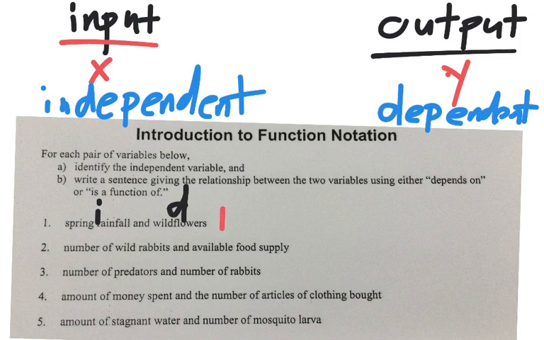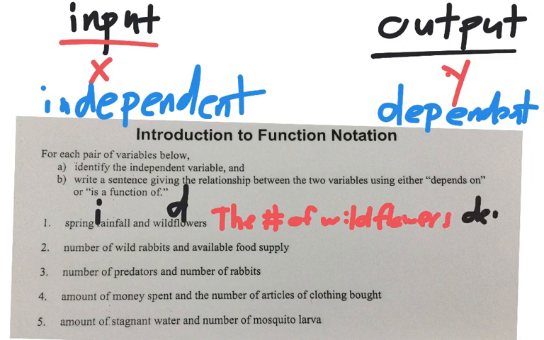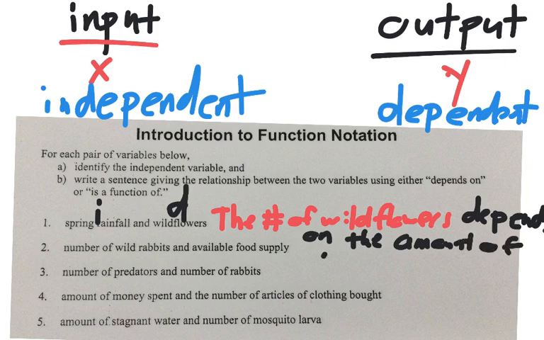But you need to say the number of wildflowers depends on the spring rainfall, the amount of spring rainfall. So you say the sentence or you write the sentence down.